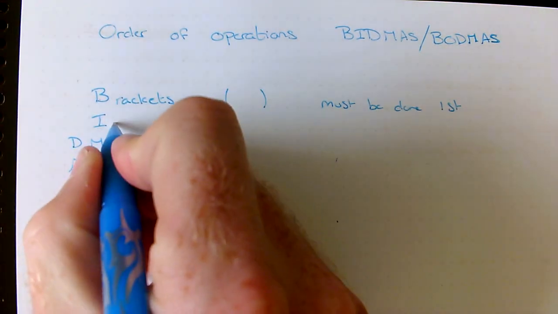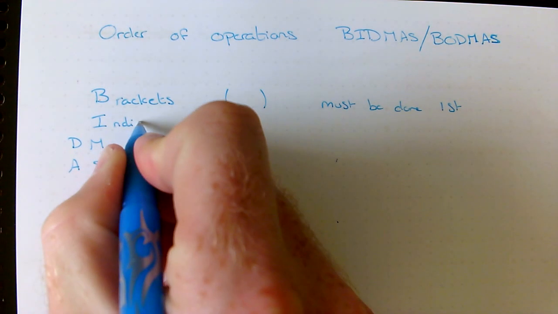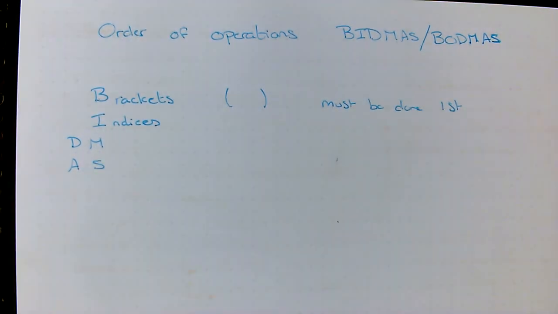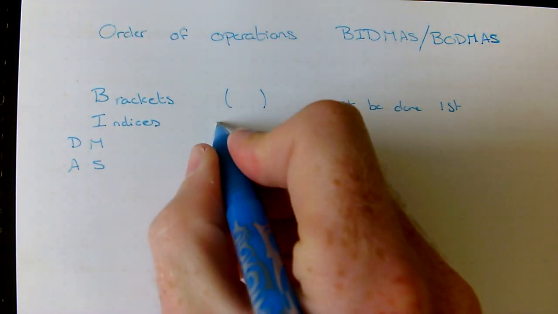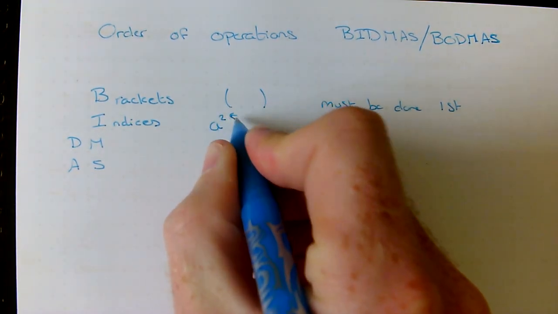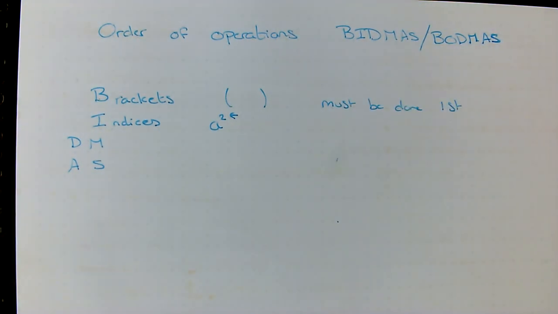Now, the I stands for indices. Now, if we're using BODMAS, the O stands for other, but the I stands for indices. Well, indices, these are the little powers, okay, that are above the numbers. So the a squared there, the squared is the power.